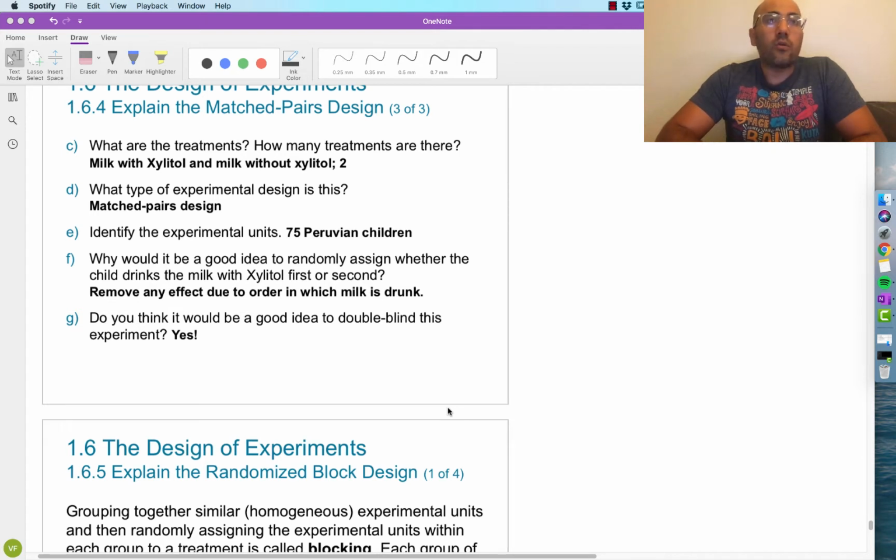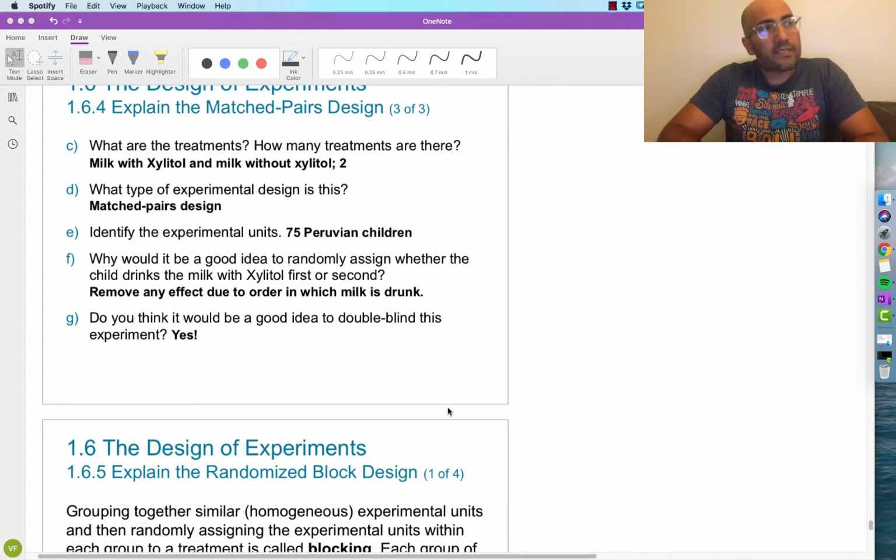Right, so you don't want to always assign the glass with just milk to be drunk first, and then the glass that has the milk and xylitol second. You don't want to establish a particular order every time, because that might affect the results, right? So you want to randomize in which order the children got to taste the milks, right?